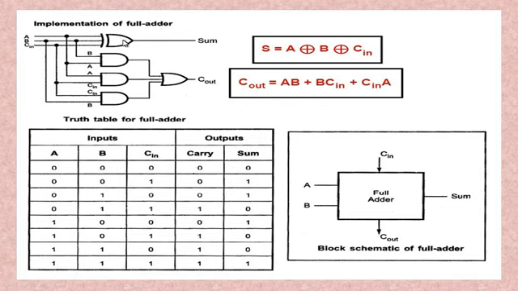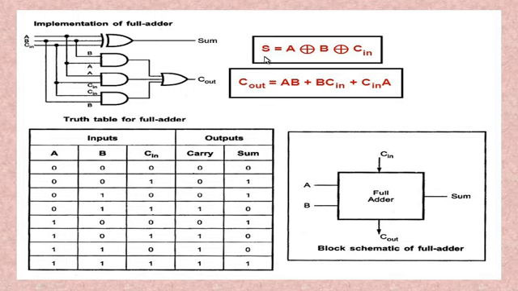So this first XOR gate gives sum, while the combination of these 3 AND gates with 2 inputs to each AND gate and their addition will give the carry out.